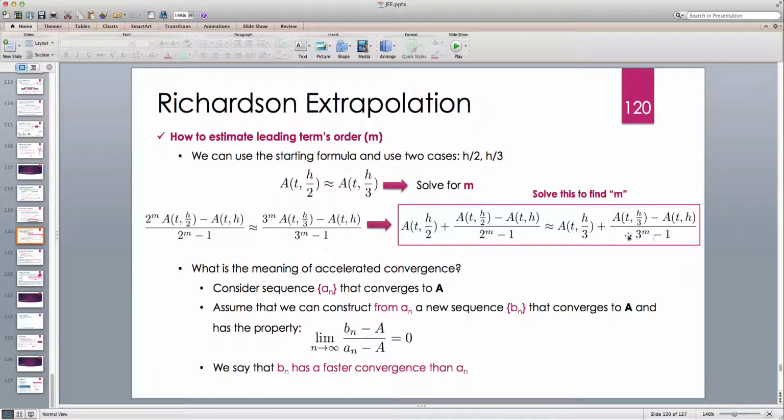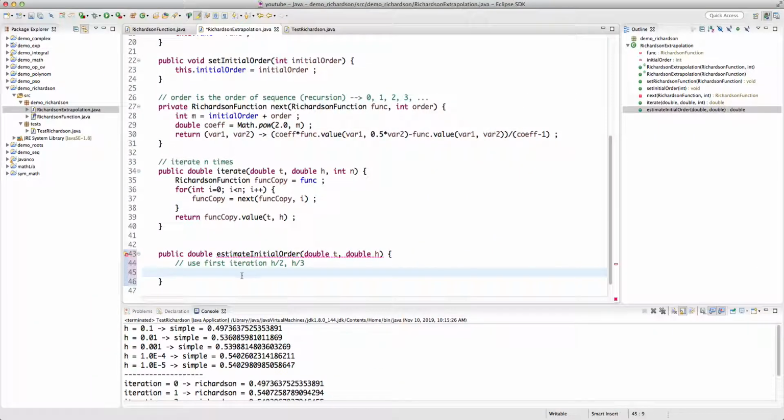All right, so as you can see, we have h over 2, h over 3, and h. So let's evaluate this. Double term half h, and then double term.